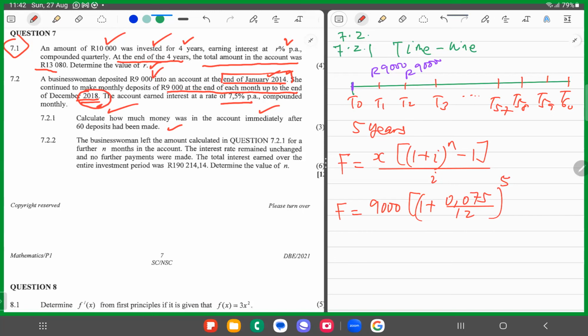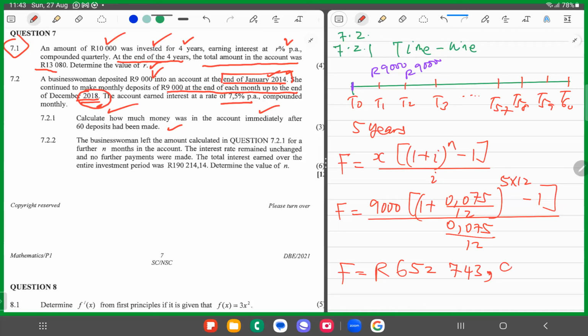So it's 5 years by 12, all divided by 0.075 divided by 12. Which is exactly 652,743.95.